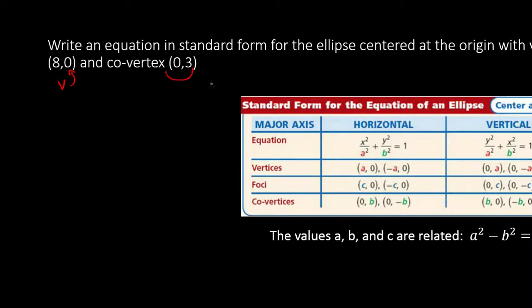So notice that you've got a 0 in your x and a 3 as y. If you look over here at horizontal, it matches up, right? We have 0 as our x value and 3, a numerical value for y. So once again, we're dealing with a horizontal, and we can ignore everything on the vertical side. It's just extra information. So what do we know?